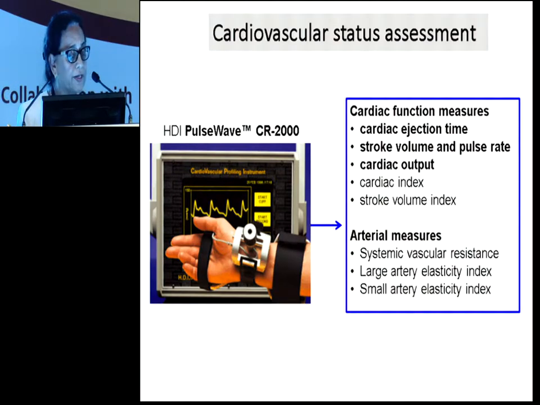So first, let's see what the cardiac status was. The cardiac functions were assessed using this pulse wave equipment that has been used in the ACTG trials also. And the main functions were ejection time, stroke volume, and cardiac output, as well as arterial measures of resistance and elasticity.